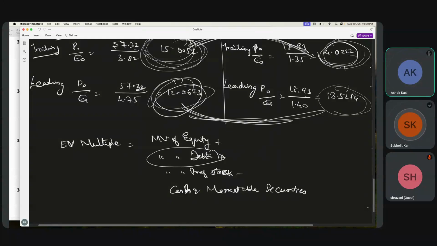So market value of debt is difficult to get.